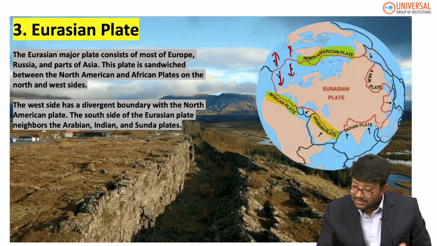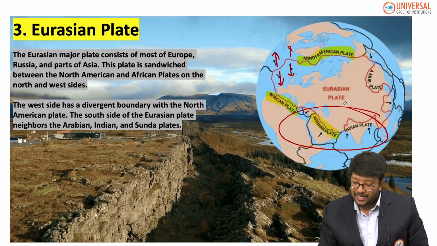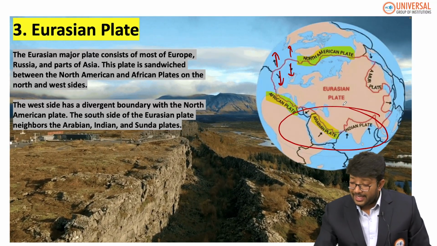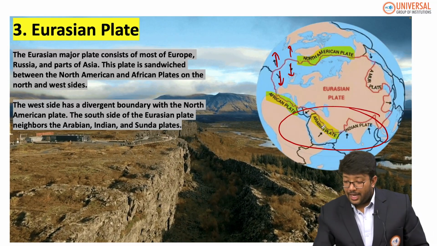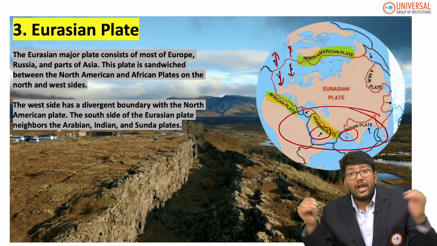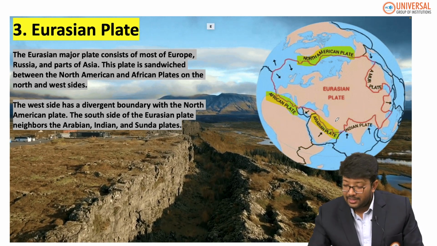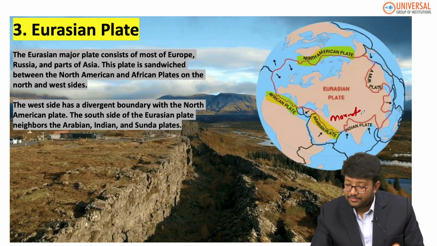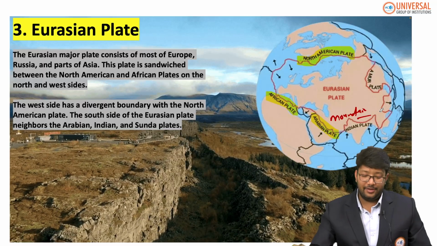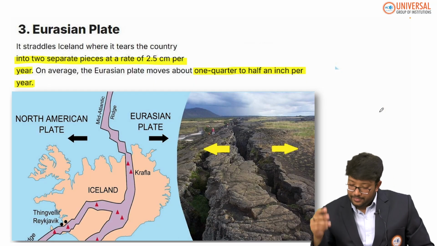And the south side of the Eurasian plate, those are colliding. The Arabian plate and Indian plate are colliding with the Eurasian plate. So here the convergent plate boundary will happen. That's why the mountains are formed here. Are you getting the point? Okay, fine.